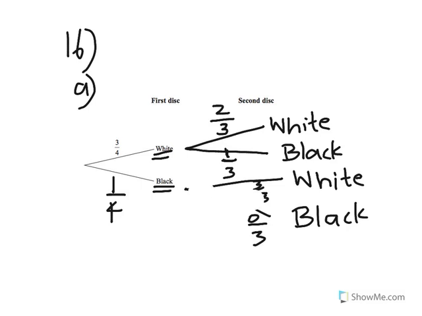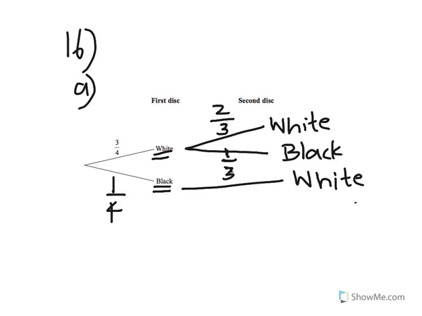So you can pretty much erase this, because this is not a possibility anymore, and you can say that the probability is 3 out of 3, or you can just say it's 1, right? And that is your probability tree diagram.